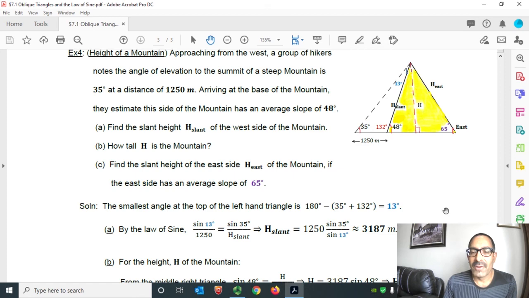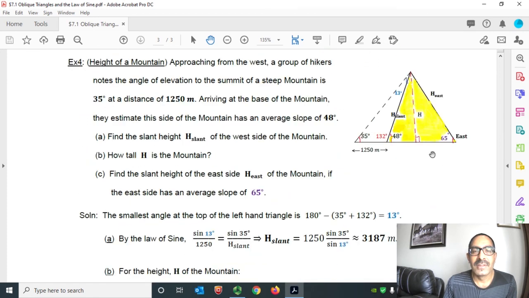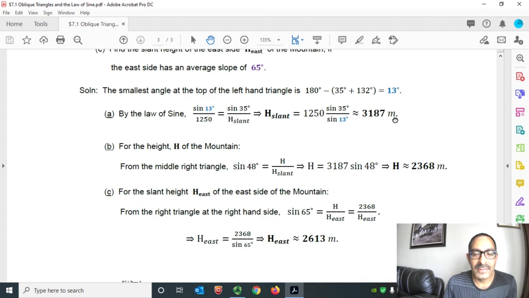Here again I apply the sine function, because in this right triangle, sine of the angle 65 degrees equals perpendicular over hypotenuse. We know the value of the perpendicular already, so we can easily compute the hypotenuse, which is the slant height of the east side of the mountain. Great. So let me move on.